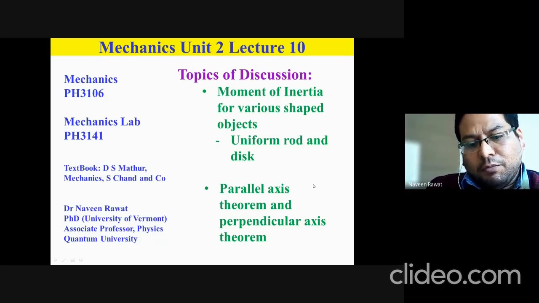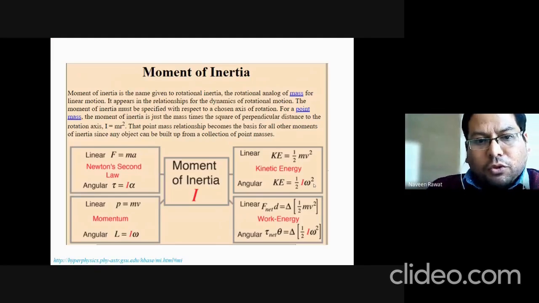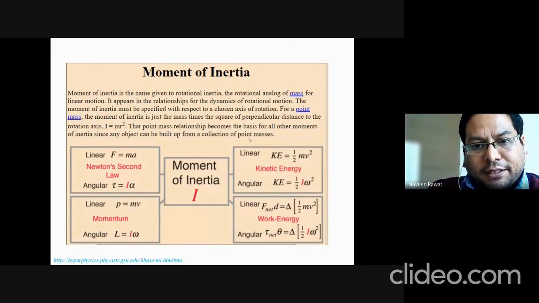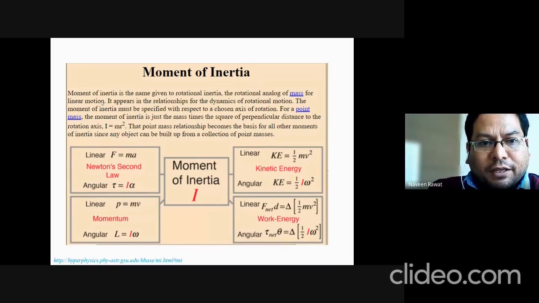Until now we have looked at this quantity, which is moment of inertia, and we mentioned that this is a rotational analog for mass that we are considering in linear motion. Every time you're considering rotational motion, we have to think about what is the moment of inertia of the object. These are some one-to-one relationships that we have looked at in Newton's second law.